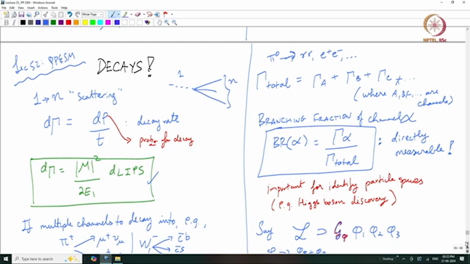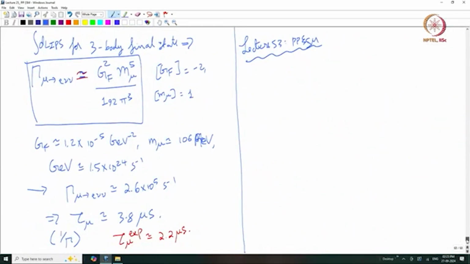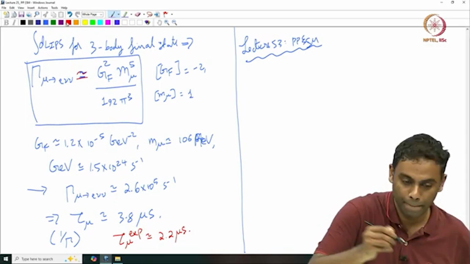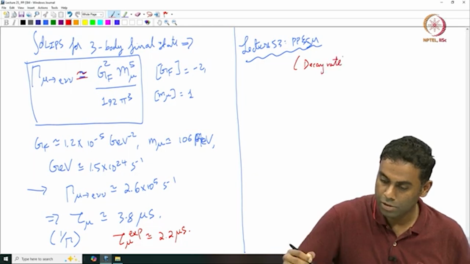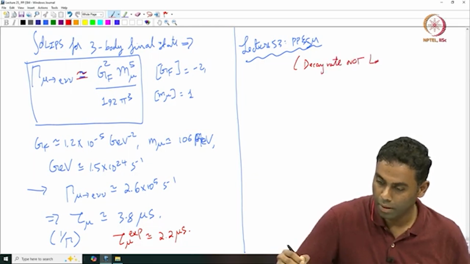So it depends on the frame that you are talking about, okay, that stands to reason, right, it is a rate after all. So rates do differ according to the inertial frame that you are measuring them in, right. So let me just write that down quickly. Decay rate also not Lorentz invariant.